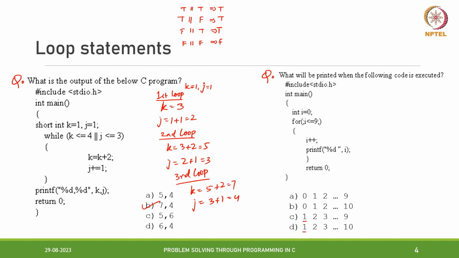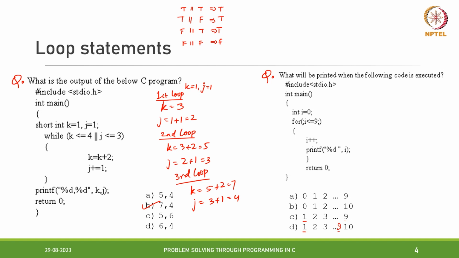So in the eighth iteration, what happens? You increment. So I value was 8. You increment it to 9. Here, I becomes 9, and 9 gets printed. Now you go back and check the conditional. Conditional is still satisfied, I is less than equal to 9, so this is true.